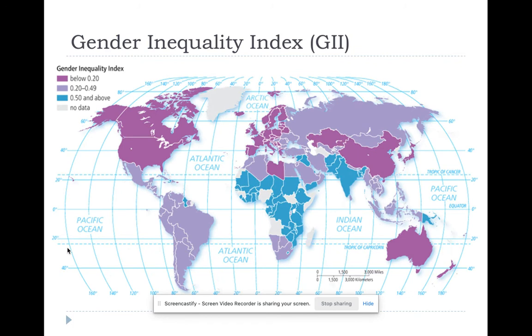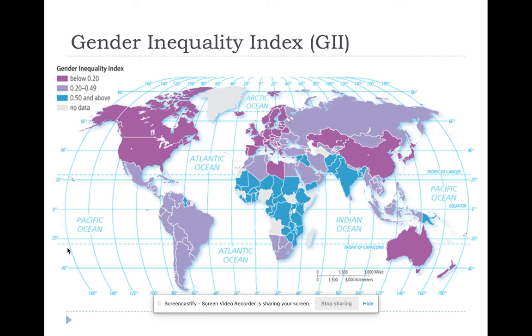So there's the GII, Gender Inequality Index. Again, you see this as a gender map, or a development map.